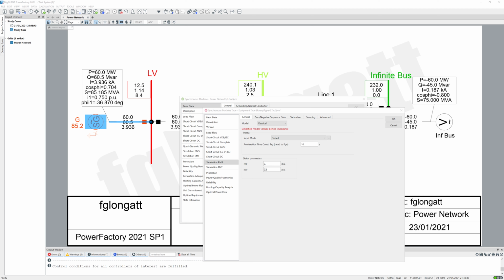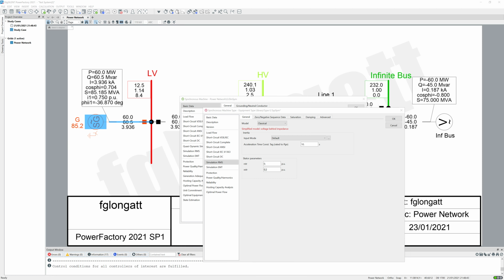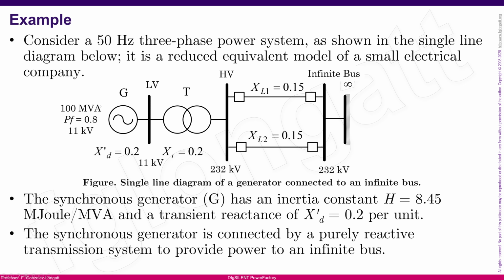Then we need to define the inertia constant, okay? To define it, let me go back to the presentation for a second. It's not this slide; let's go back to the presentation here. Yes. You must remember that at the very beginning I told you the subtransient reactance is here, and the transient reactance is here.